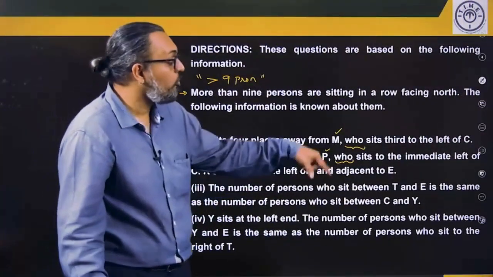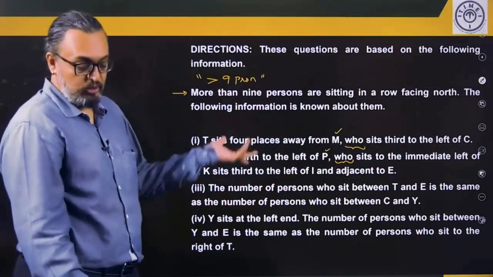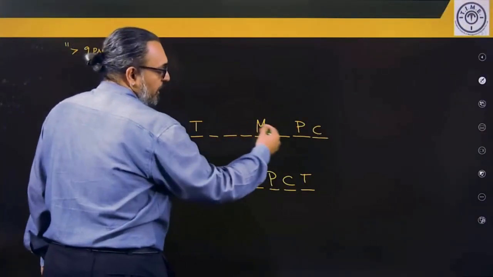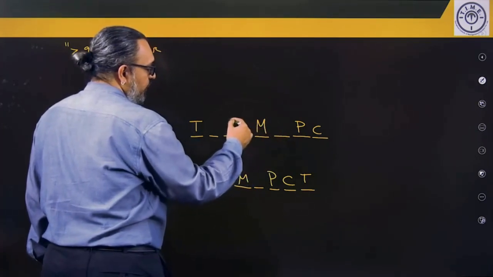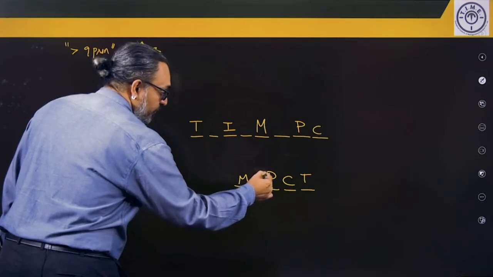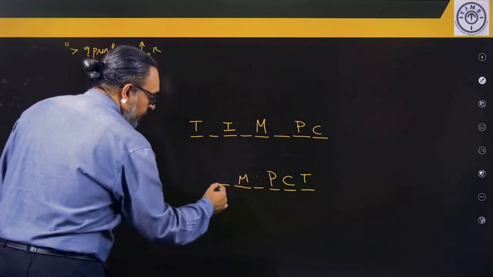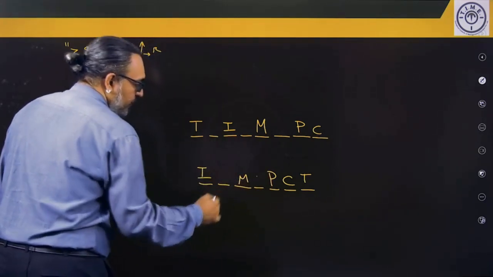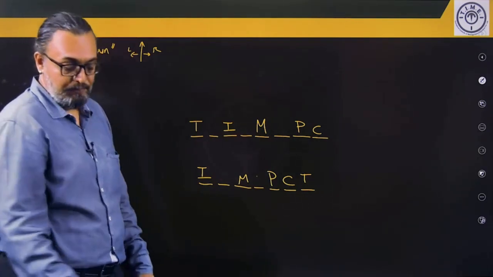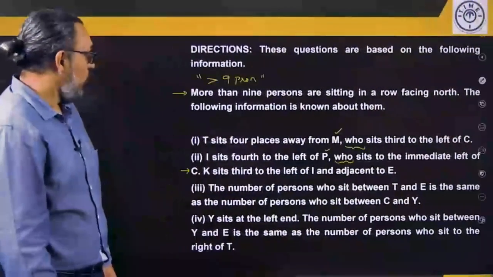I is 4th to the left of P. So, to the left side of P, 1, 2, 3, 4, you can have I here. Again here, with respect to P, 1, 2, 3, 4, so you can have I here, 4th to the left of P. Then, what else do we have?